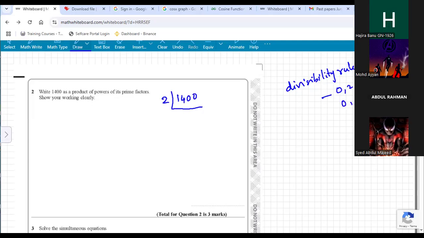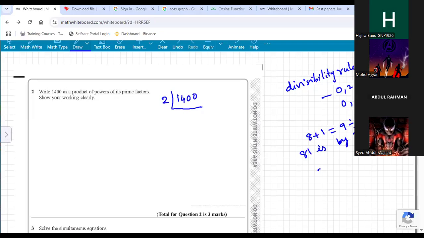When the last digit is 0 or 5, it's divisible by 5. If the sum of the digits is divisible by 3, then the number is also divisible by 3. This is the divisibility rule of 3. Then what is the divisibility rule of 4?